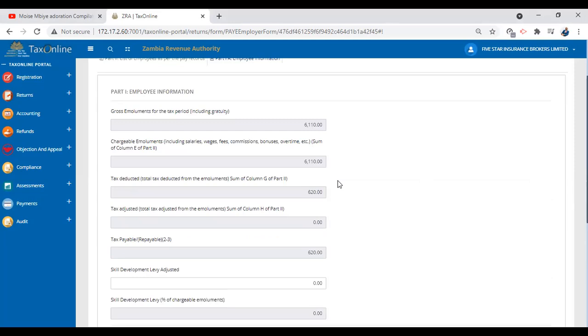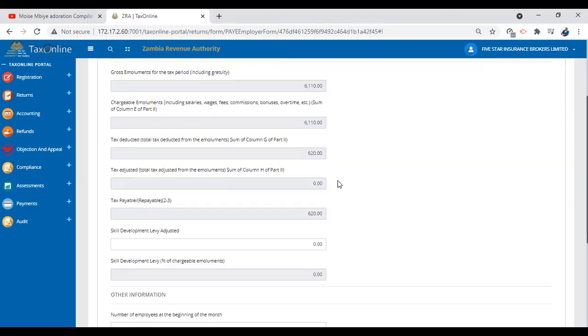Like I said, for tax deducted, we depend on you as the person who is entering the information. What the return will simply do is to add up all that you have keyed in, and then it will give a summation of how much you are supposed to pay.